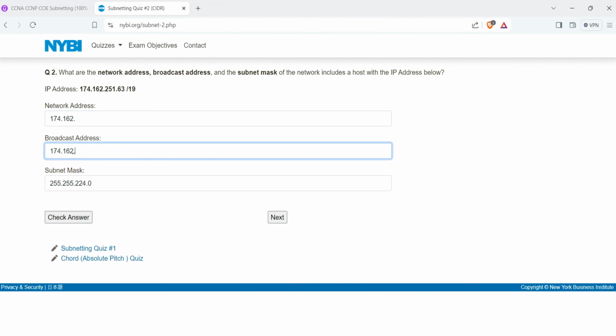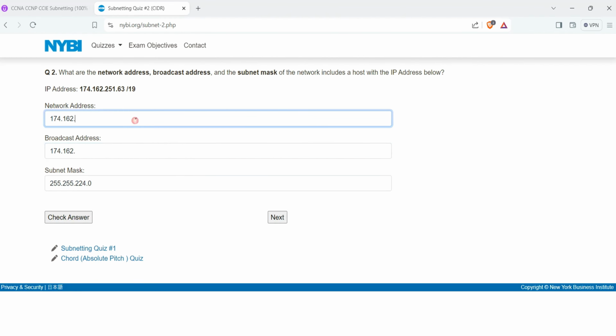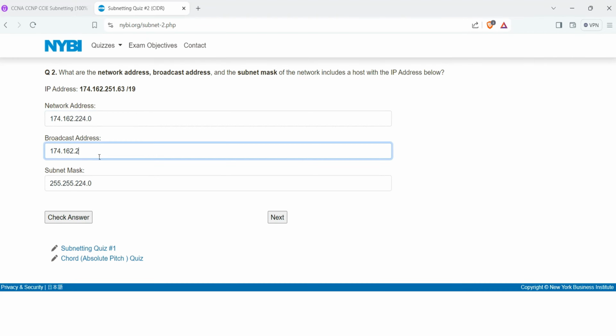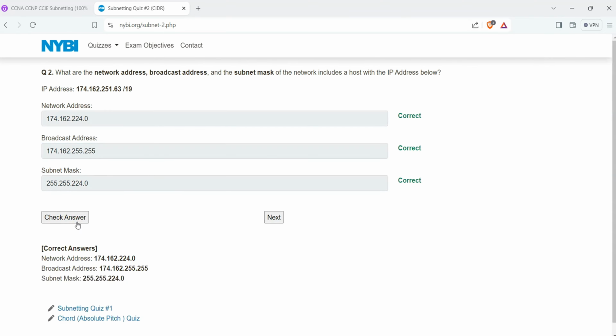Well, how did I get 224? 128, 64, 32. So the jump start is 32. Eventually, it's going to reach 224. 224 and 32 is what, folks? 256. So the network ID is 224. All right, dot zero. The next network is 256, so it's 255.255. That's the broadcast address, as you see.